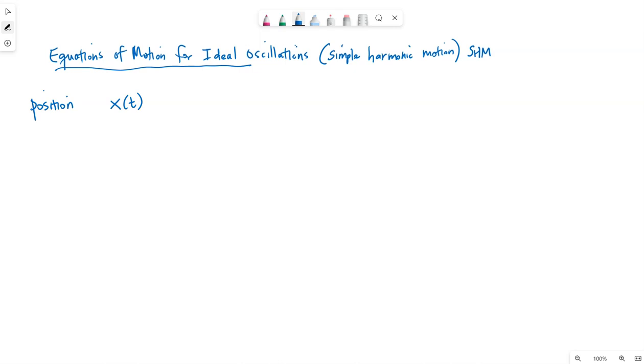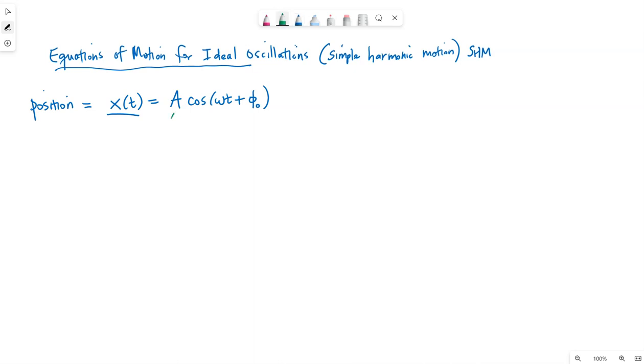He's generically writing this as x of t, so x being the position from equilibrium. He writes this as A cosine omega t plus phi naught. So x of t is the position of this oscillator at any moment in time, and it is changing.